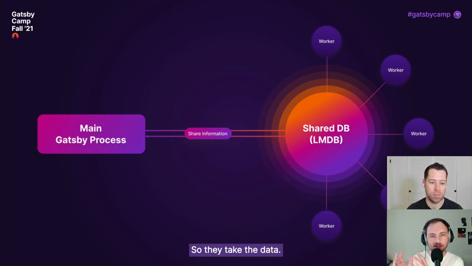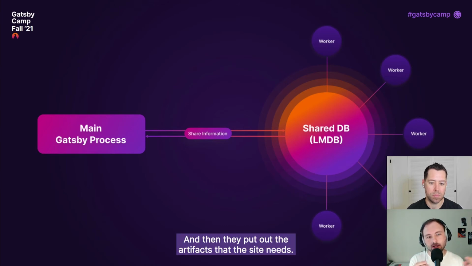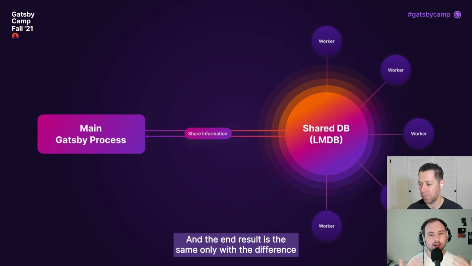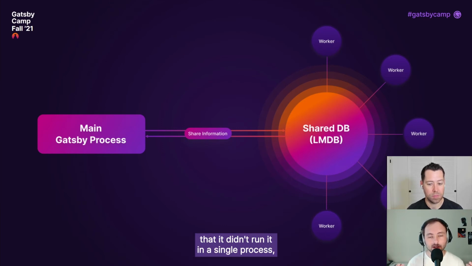So they take the data, they process it, they run your queries, and then they put out the artifacts that the site needs. And then in the end, the main process puts together the pieces of the puzzle, and the end result is the same, only with the difference that it didn't run in a single process, but across multiple cores, across multiple machines possibly, and they all communicated together.